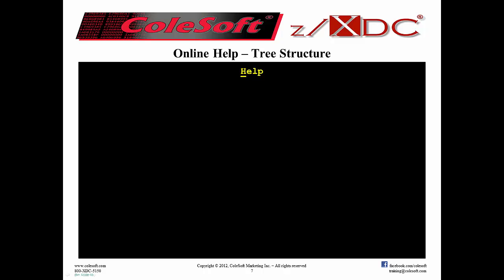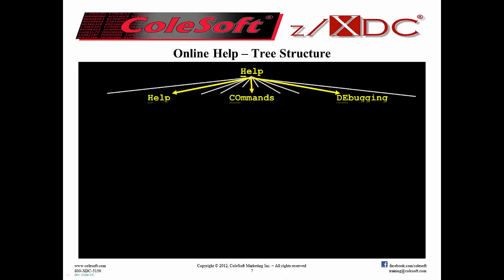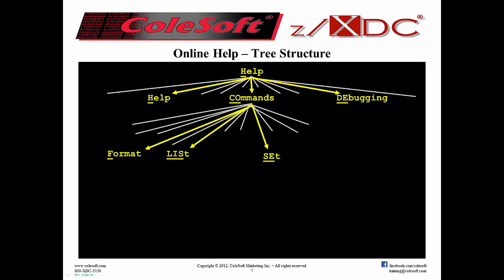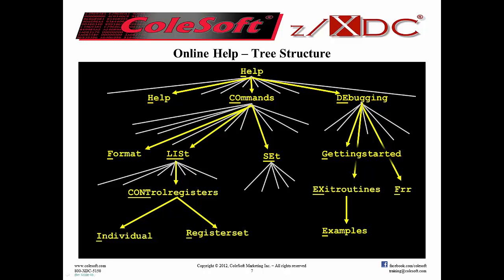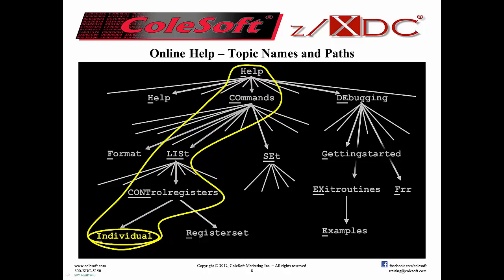The online help is what computer scientists call a, quote, ordered directed tree structure. The front page links to a dozen or two subtopics. Subtopics link to sub-subtopics, and so forth. Now suppose I want to display a specific panel named Individual in the context of displaying control registers.